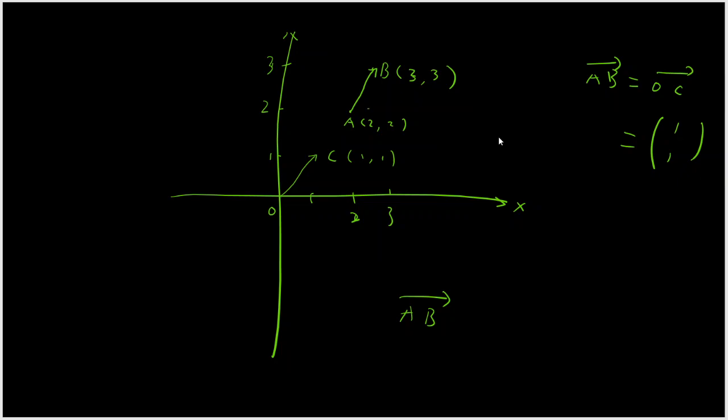For point A, I'm going to use x1 to denote the x coordinate of the initial point, and y1 to denote the y coordinate of the initial point. For B, I'm using x2 to denote the x coordinate of the terminal point, and y2 to denote the y coordinate of the terminal point.